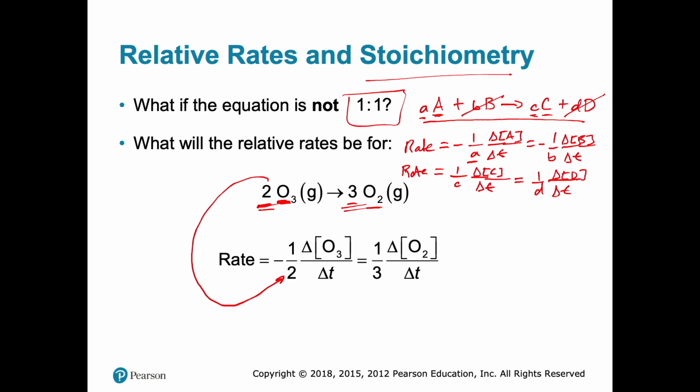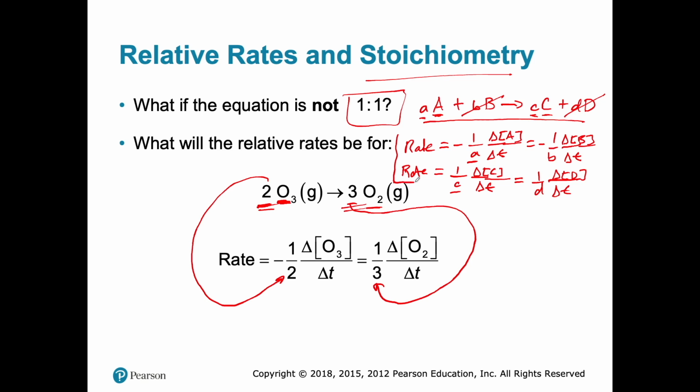And as for the 3 here, it became the denominator down here in the products of the rate equation, because if you look over here, little c is under 1 right there. And so that's how we write our rate equation.